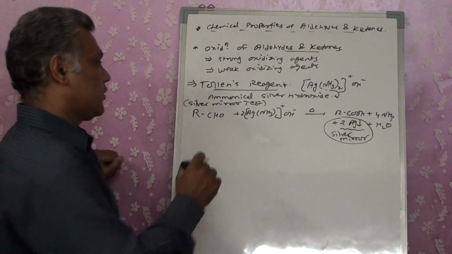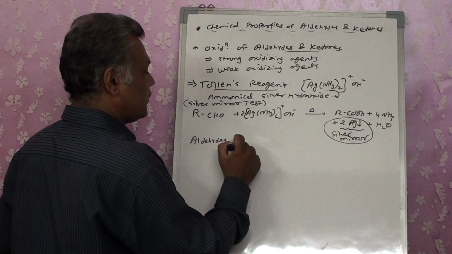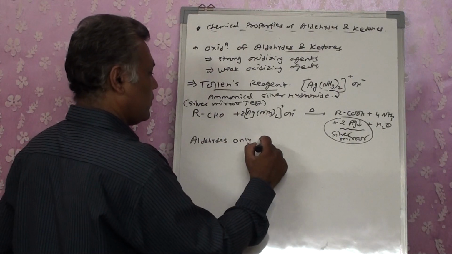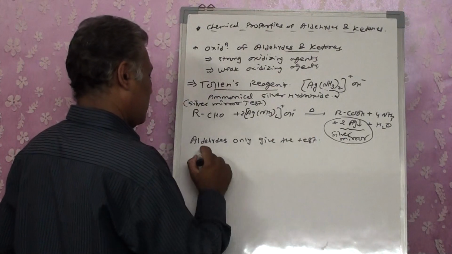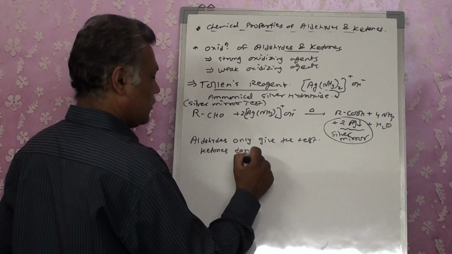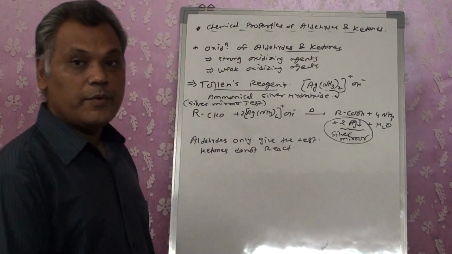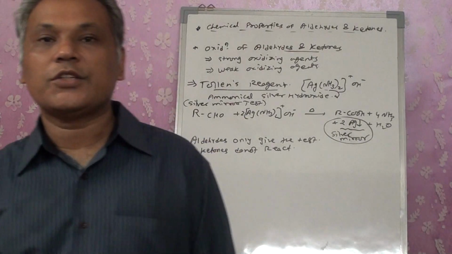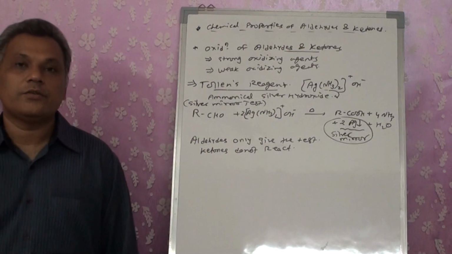Aldehydes give this test. Aldehydes only give the test. Ketones do not react. That means you can use this particular reaction as a distinguishing test between aldehydes and ketones.